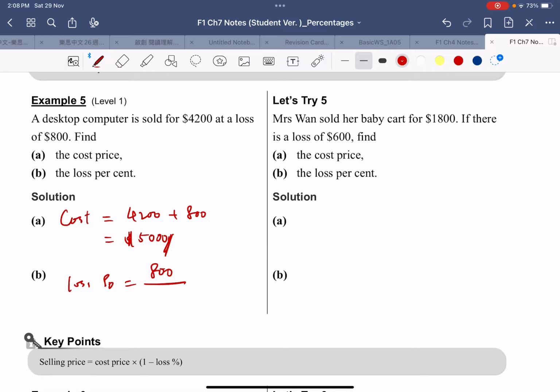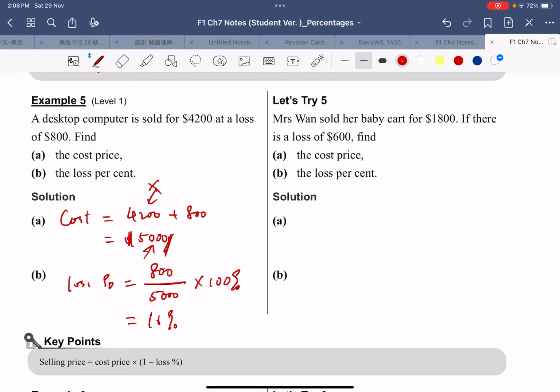What is your cost? Not 4200, it is 5,000, this number is the cost. This is not the cost, right? So multiply by 100% and then 16%. Many students make the mistake of dividing by 4200. This is not the cost, this is your selling price. Always divide by the cost.